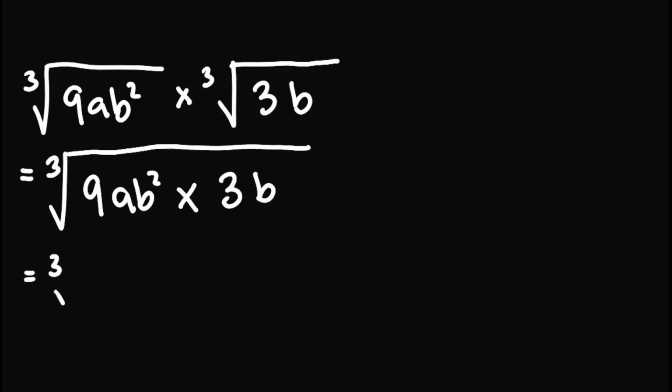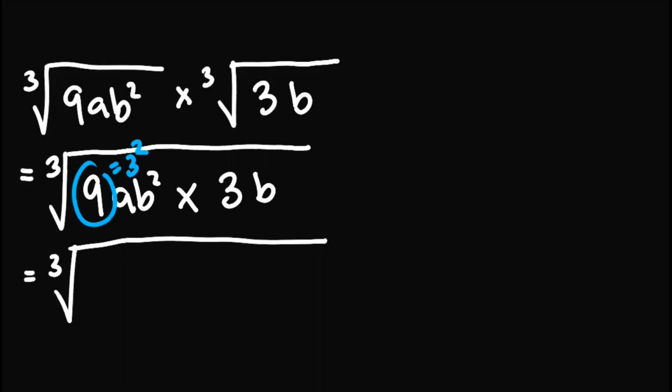So we got the cube root of, note that 9 is equal to 3 squared. Then we got 3 squared times 3. That will give us 3 cubed times a out here. Since there are no a's out here, just write this one out. Times, for the b, we have a b squared here and a b here. So b squared times b is b cubed.